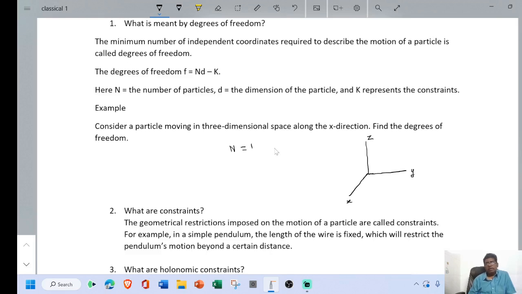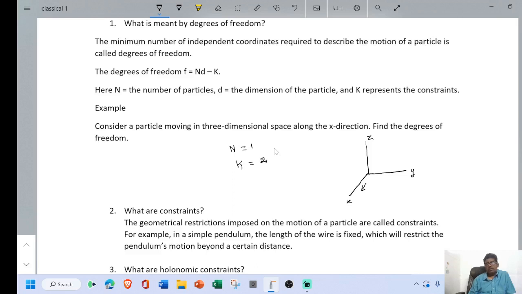The particle is moving along the x direction. Say the motion of the particle is along this direction alone. There is no motion along y and z direction. Therefore, the constraint k equal to 2.